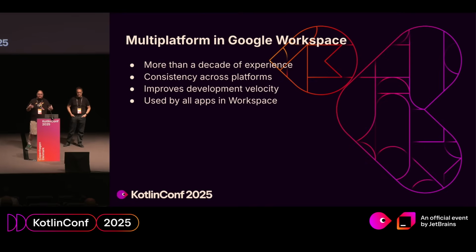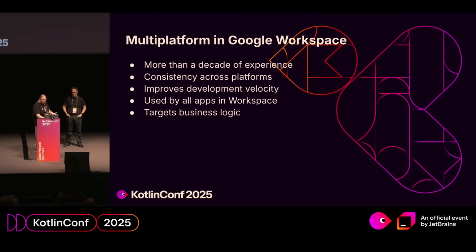Multi-platform is used by all of the Workspace apps. That's Gmail, Chat, Calendar, Docs, Slides, Sheets, all of the productivity Google apps, to different extents and in different ways in each app. We target business logic, and what I mean by business logic is basically anything that's not the UI.